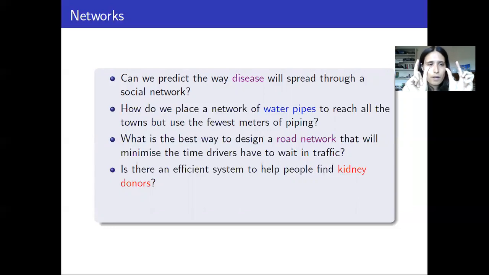Then if my friend had the same blood type as this person who needed a kidney, my friend could donate a kidney to this other person, and their friend could donate a kidney to me. And as a foursome, we'd all be happy.